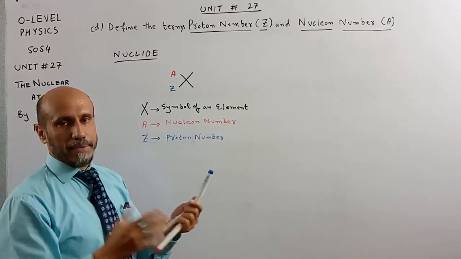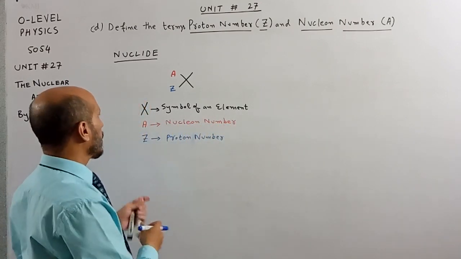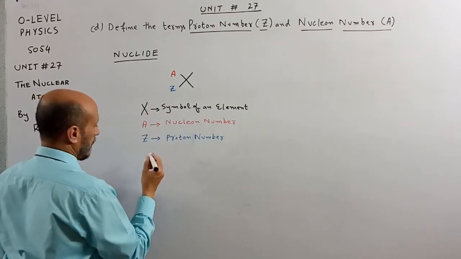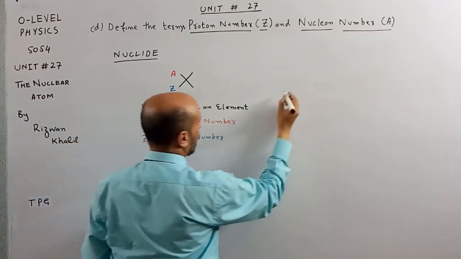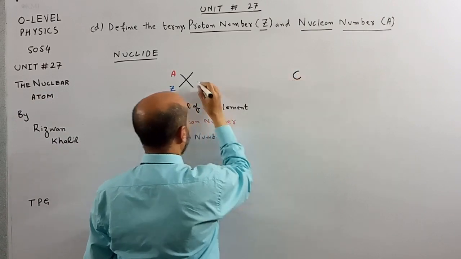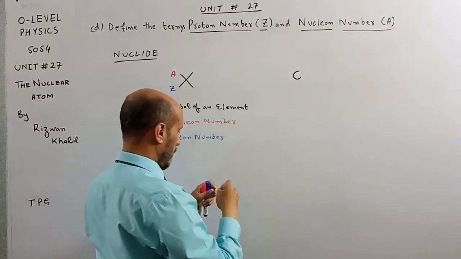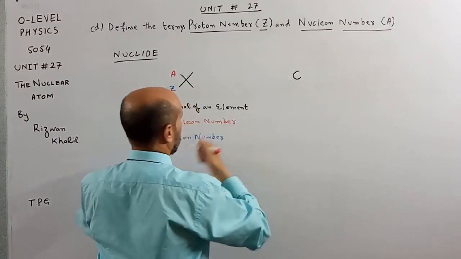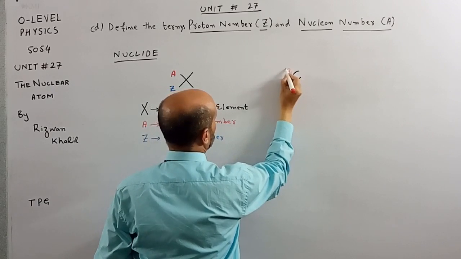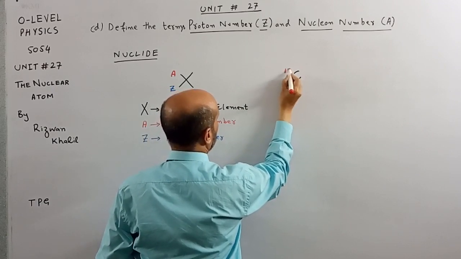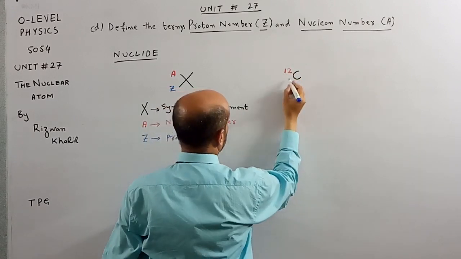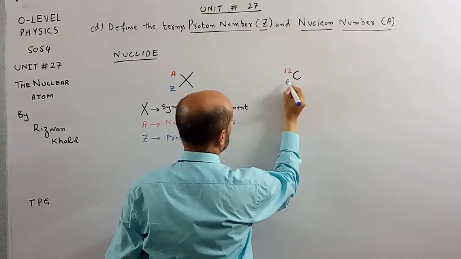Now consider different examples in order to understand the nuclide notation. Let's suppose I have a carbon atom with me, so in place of X I will write C. The value of nucleon number for carbon is 12, and the value of proton number for carbon is 6.